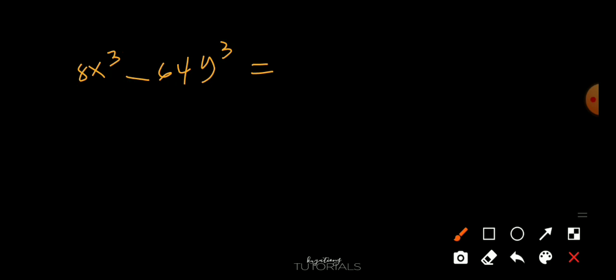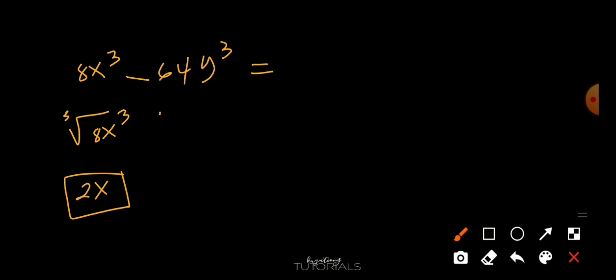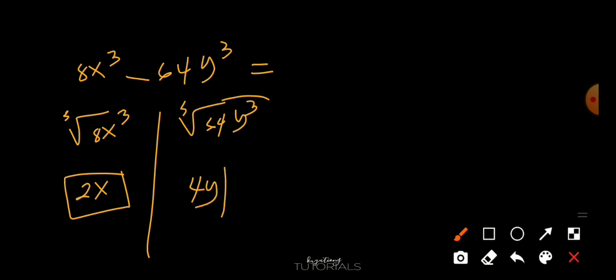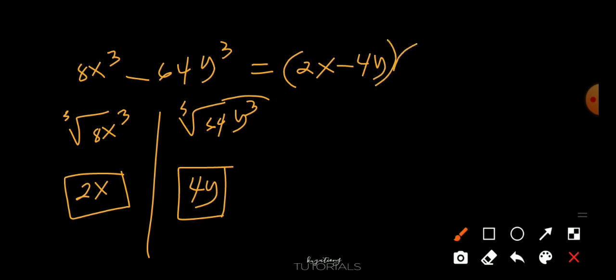The cube root of 8x cubed is 2x, while the cube root of 64y cubed is 4y. So we write 2x, then copy minus 4y. Then open parenthesis.